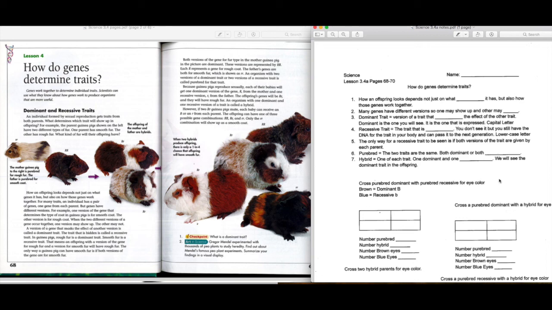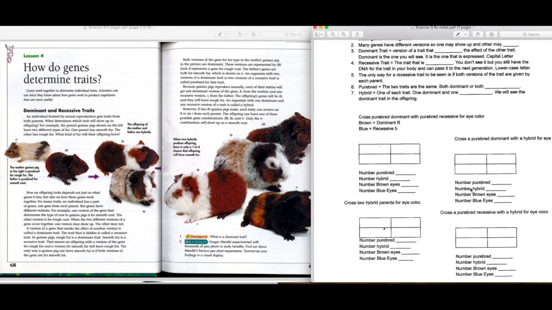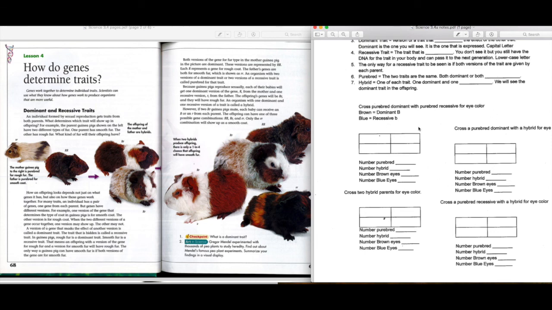All right, how do we do that, guys? We cross them using what we call Punnett squares. And so now we're going to practice crossing Punnett squares so that we can look at parents and predict what their children will look like. Now, to give us a better chance, guys, it's not only good to look at the parents, it's good to look at the grandparents.